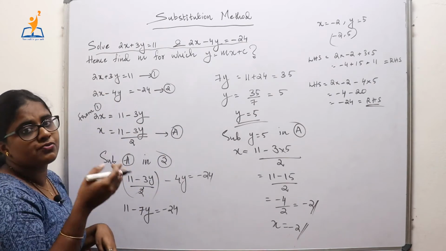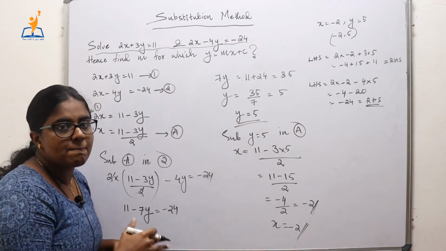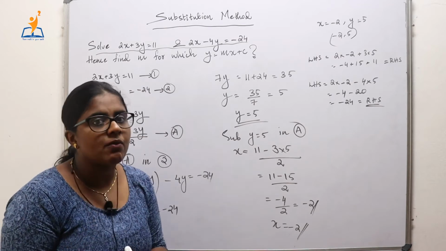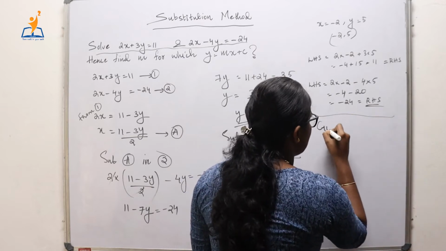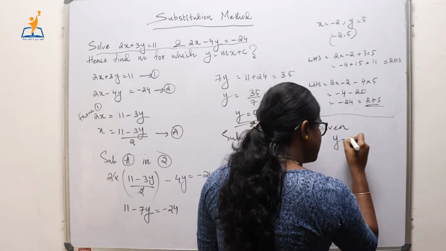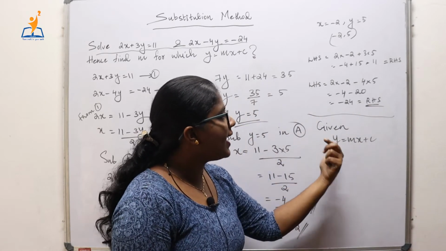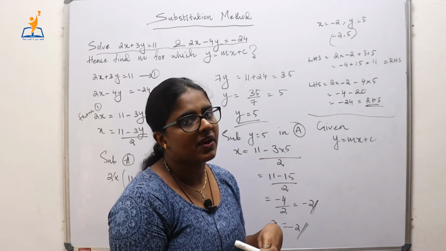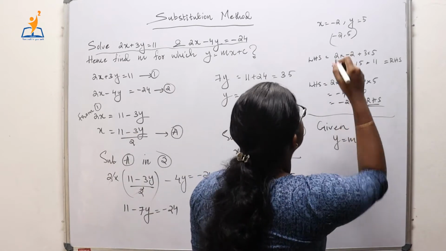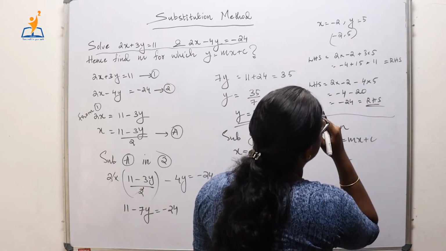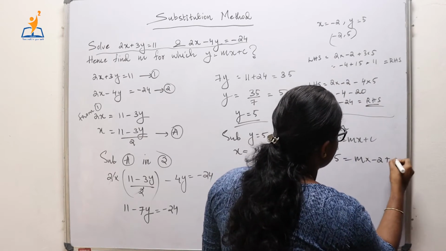Now we are going to find out m. Hence find m for which y is equal to mx plus c. It is given that y is equal to mx plus c, and we know the value of y and x, hence we want to find the value of m. Now y is 5, m we don't know, and x is minus 2, plus c.